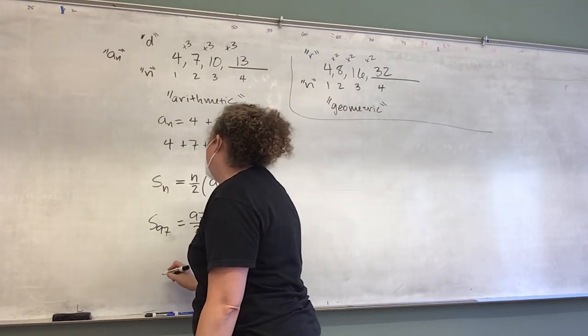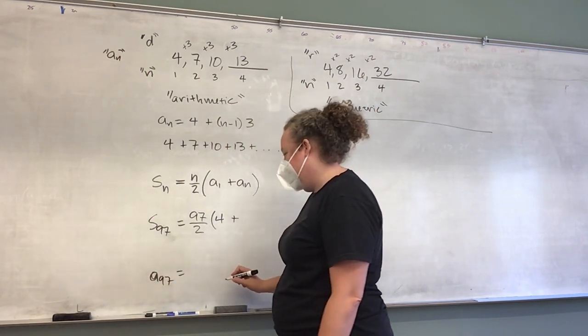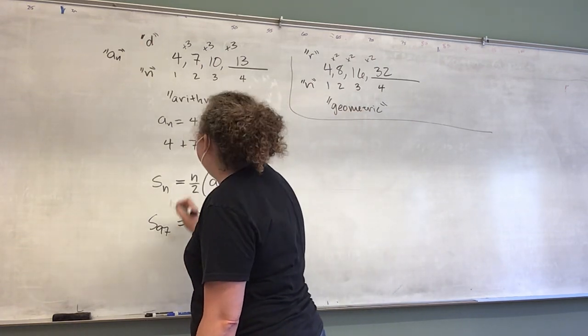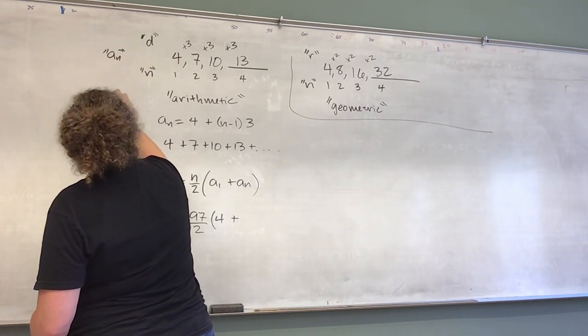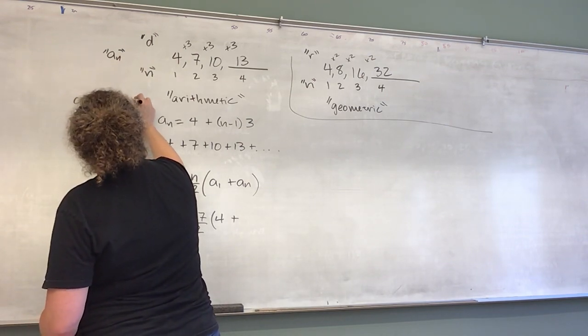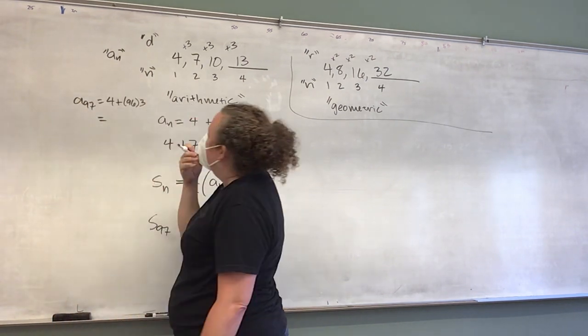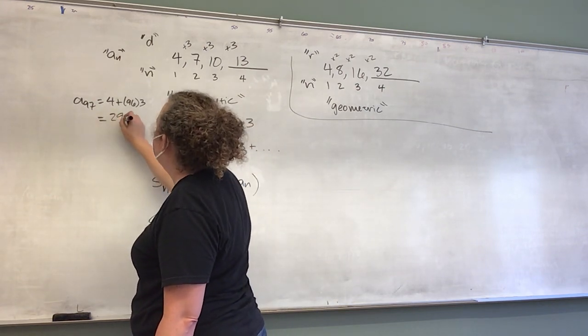That's okay if we don't remember. We can calculate it. Well, I don't want to guess, so let's calculate it. So a sub 97 is going to be equal to 4 plus 96 times 3, which I think is going to be 292.